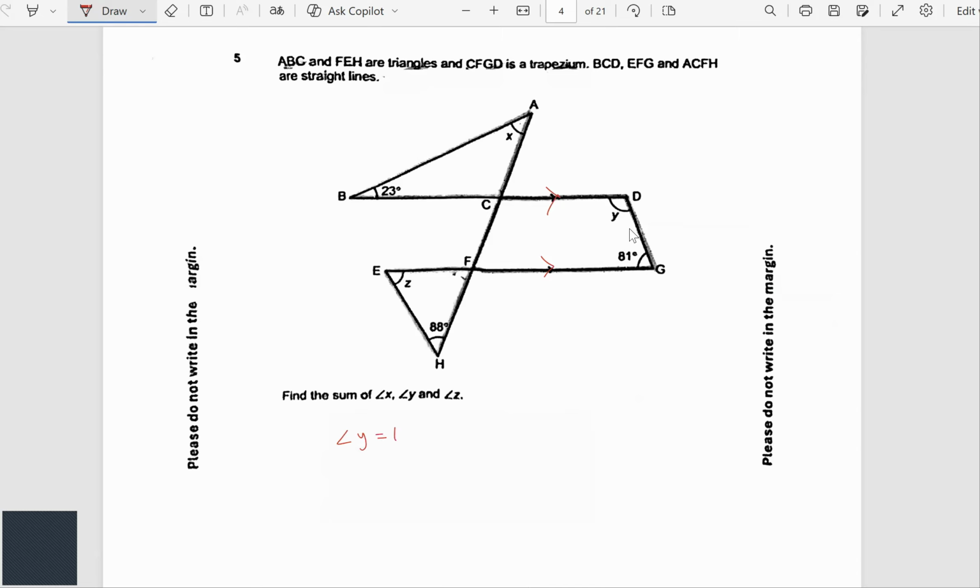So angle Y would be 180 minus 81, which is 99. Okay, 99.